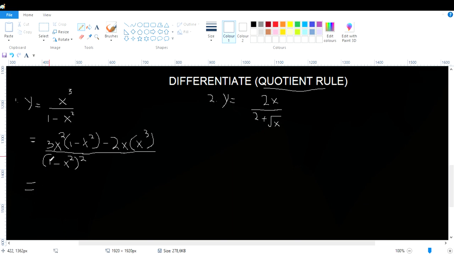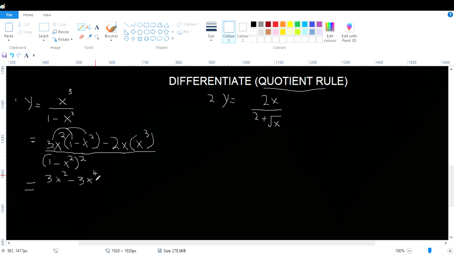Okay, then here let's open these brackets by multiplying. So it's 3x squared times 1, answer is going to be 3x squared. 3x squared times minus x squared, answer is going to be minus 3x to the power 4.